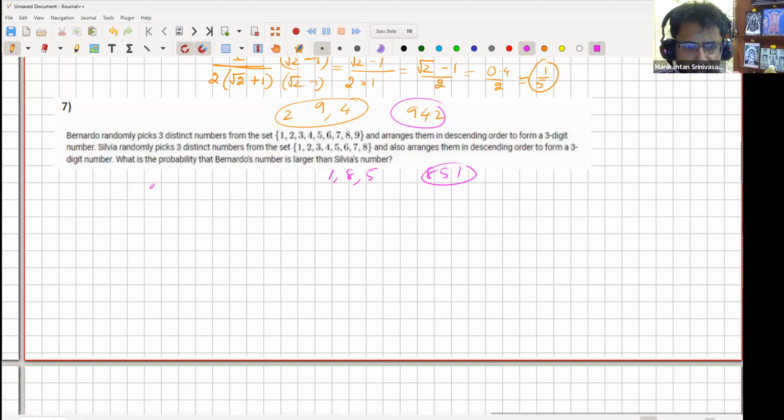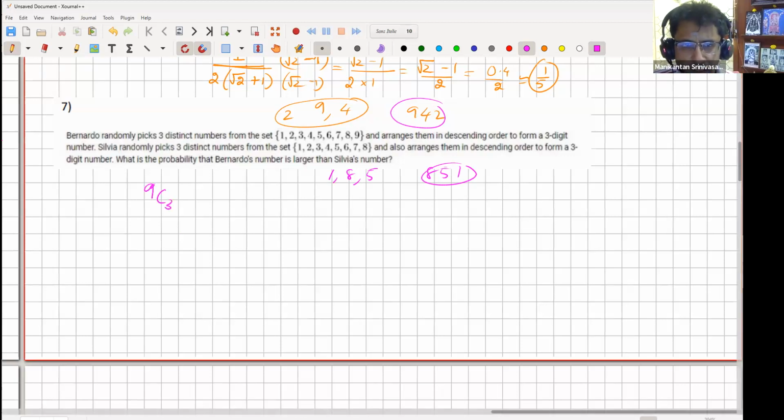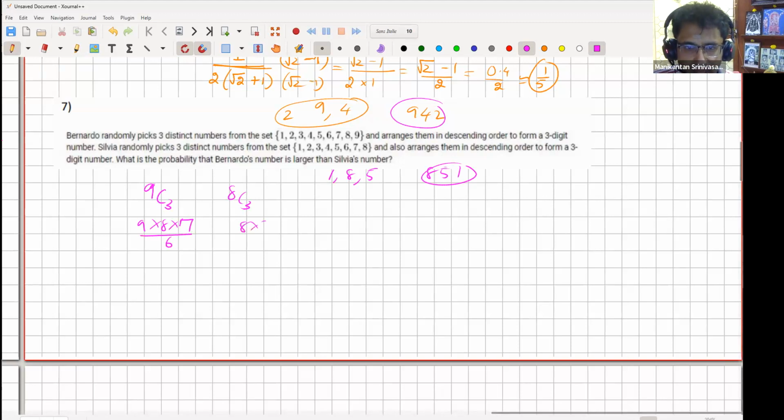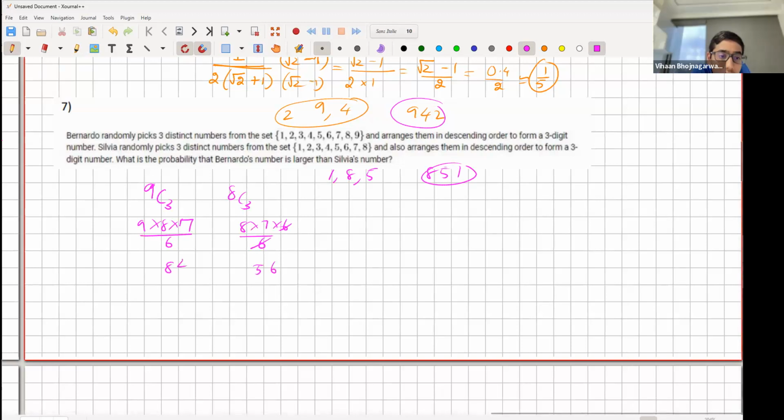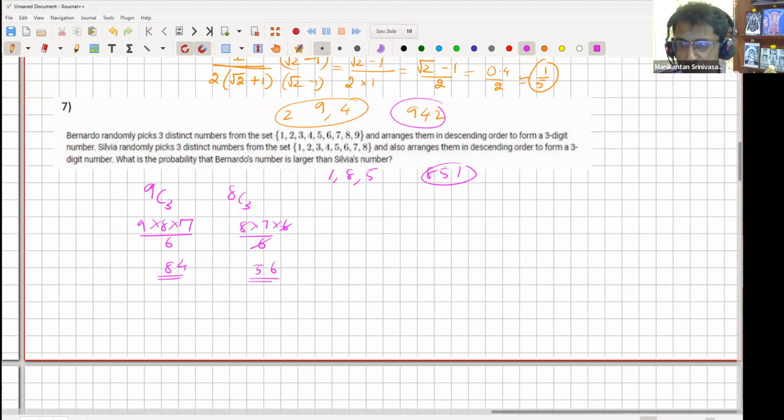So he has 9 choose 3 ways of selecting. This guy has 8 choose 3 ways of selecting. So we can work it out and see what this is. 9 into 8 into 7 by 6, and 8 into 7 into 6 by 6. This guy has 84 choices, and this guy has 56 choices, not 100 more, but 28 more. So he has 84 choices. This guy has only 56 choices.